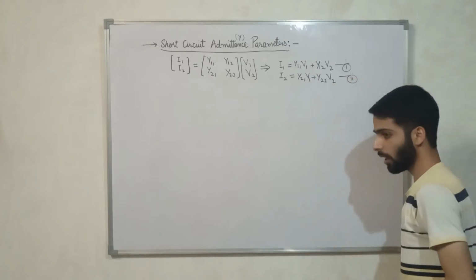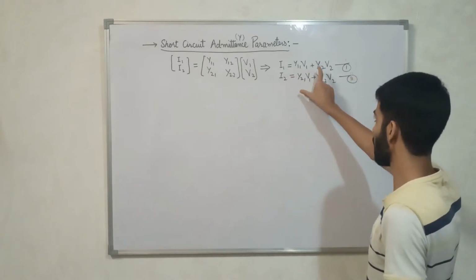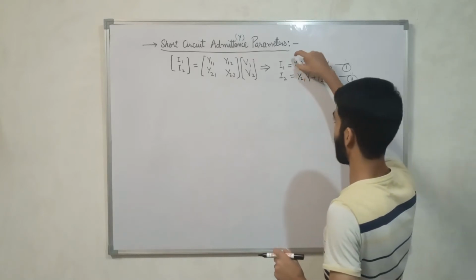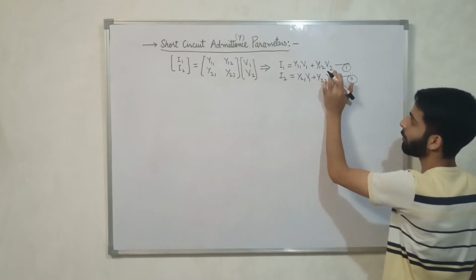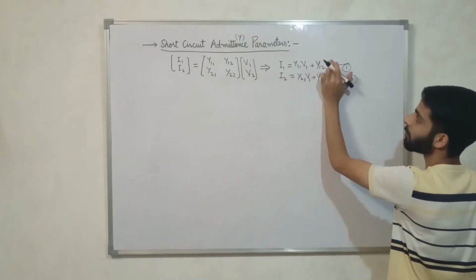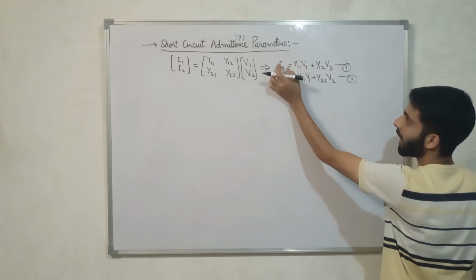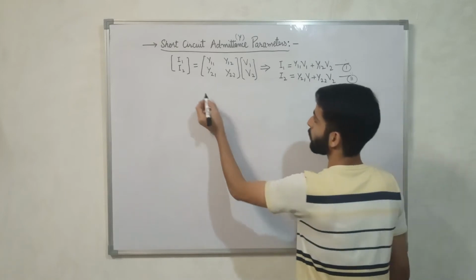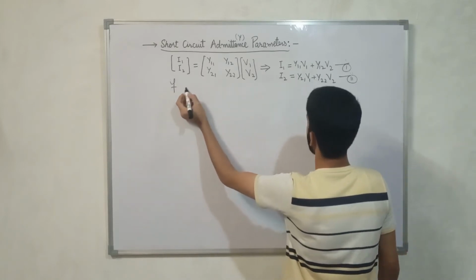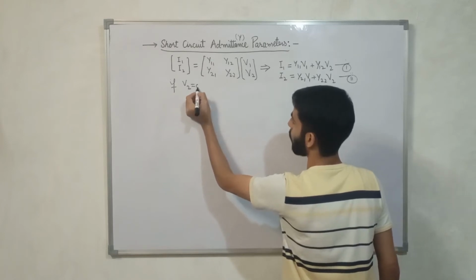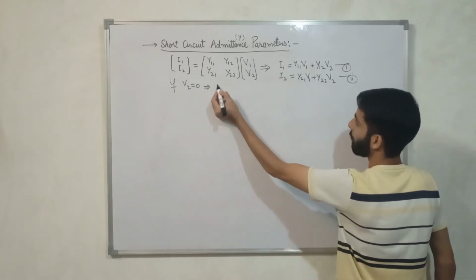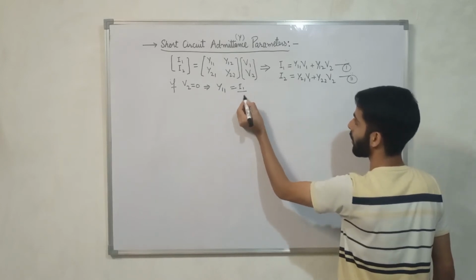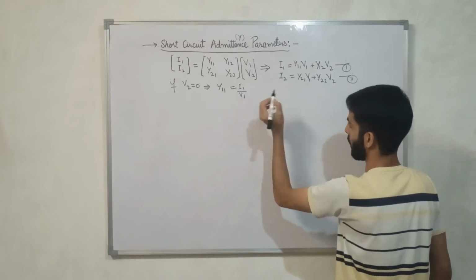Okay. So finding all those four admittance parameters, in order to find y11 we have to take V2 equal to 0, such that the second expression becomes 0 and only this expression is left, and y11 will be I1 upon V1. So if V2 equals 0, this implies y11 is equal to I1 upon V1.